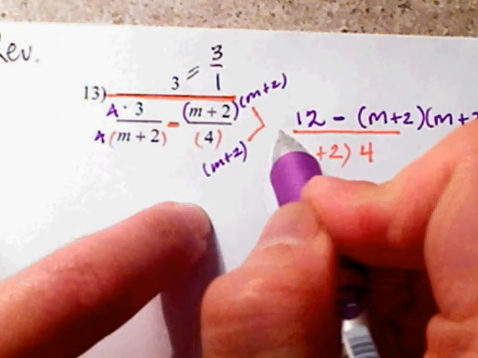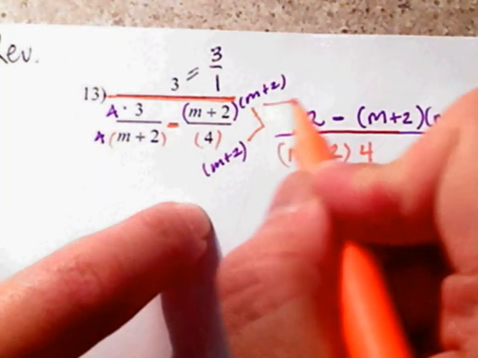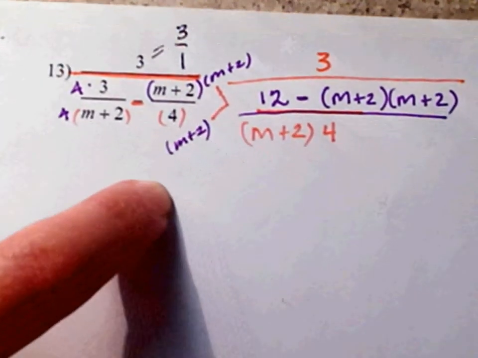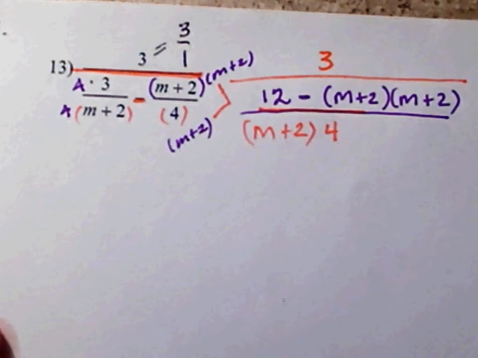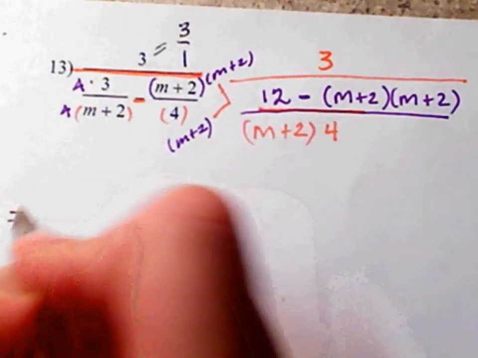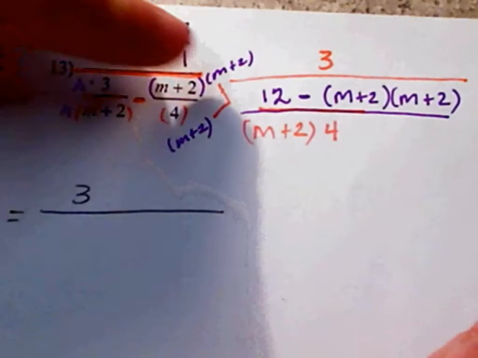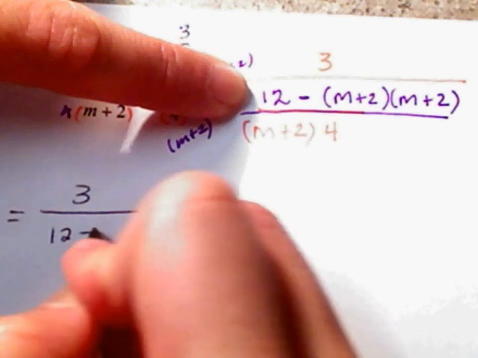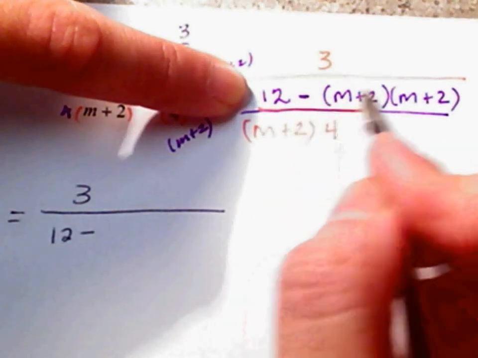So let's go ahead and take care of this one. So here's my divisor. All of that, 3 divided by all of that. All right. Let's go ahead and take care of this part right here. So 3 over, okay? You have 12 minus, notice that's a negative right here, so I'm going to take opposite of everything.